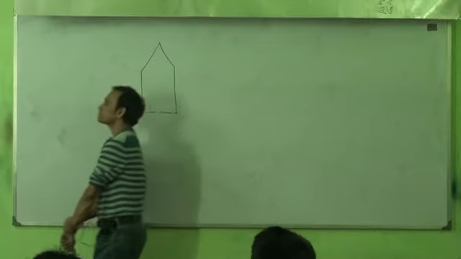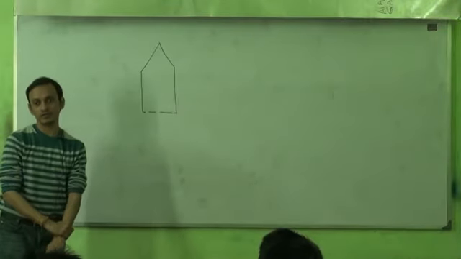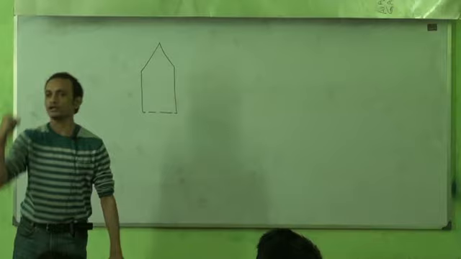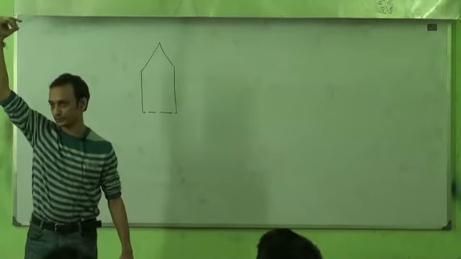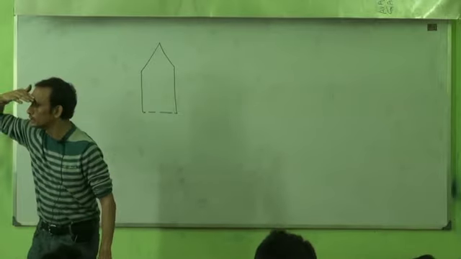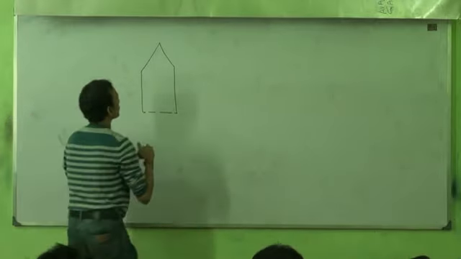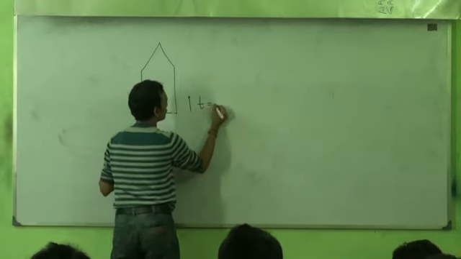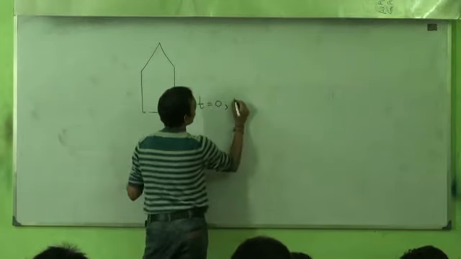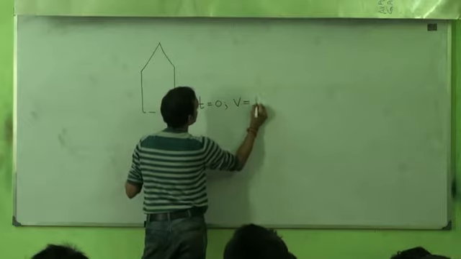Now, let's say at time t equal to 0, the rocket was given an initial impetus, was given an initial upward velocity u.